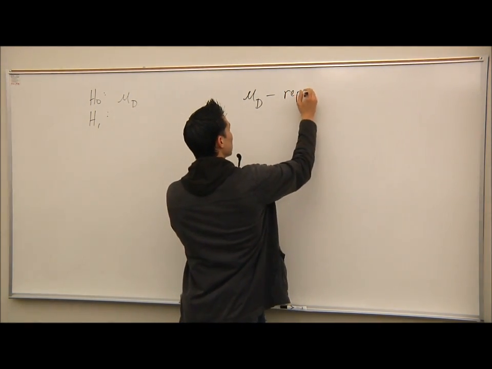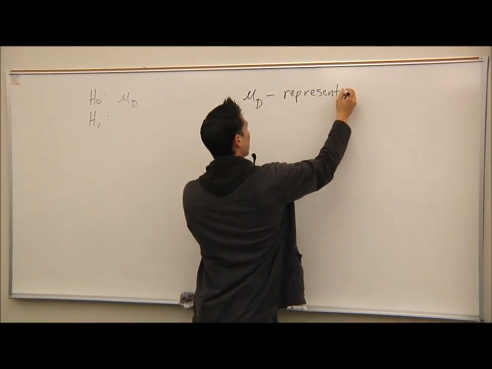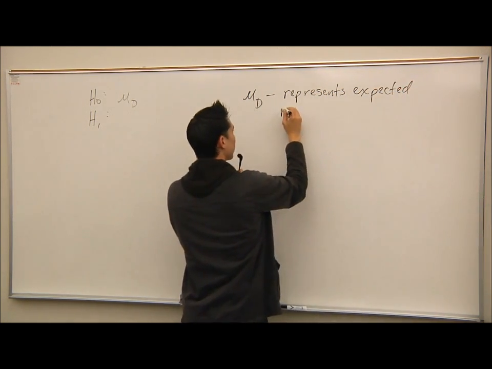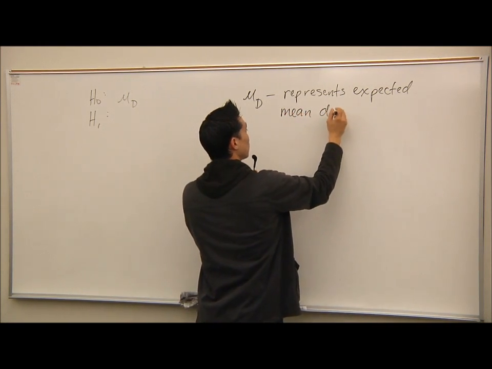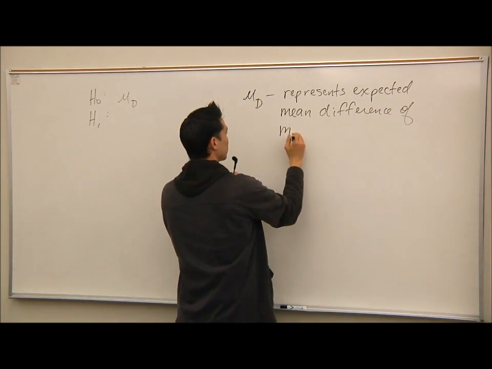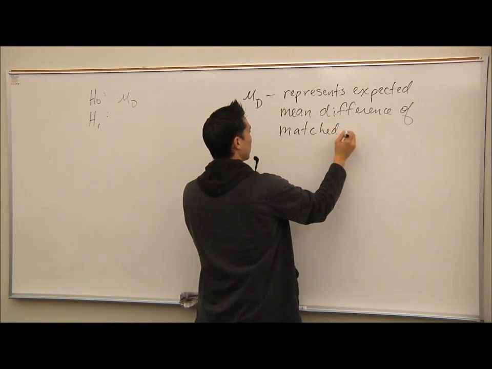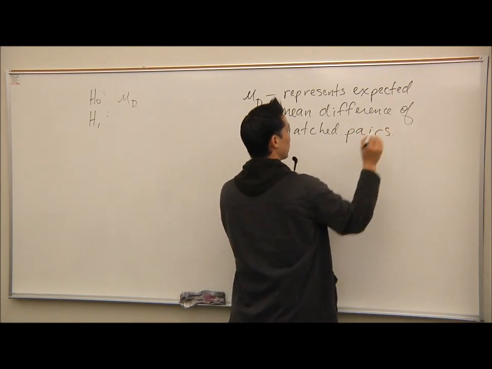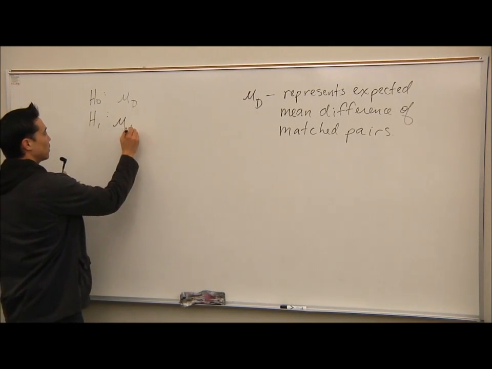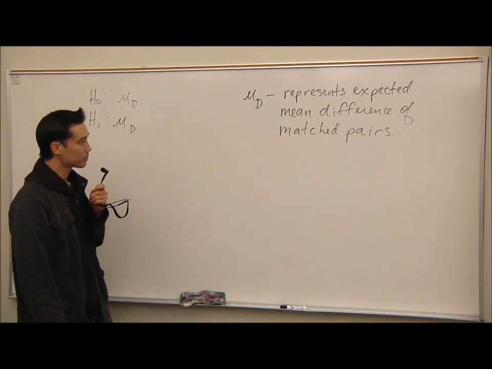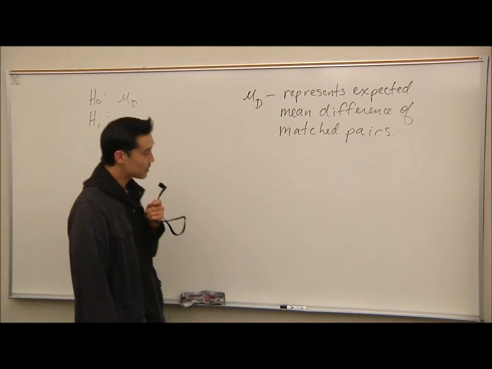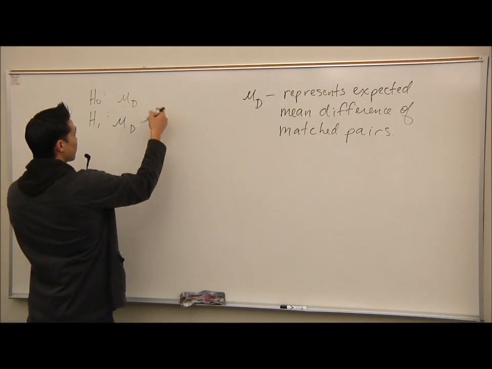So this represents the expected mean difference of the matched pairs. Okay? The way that these are going to be set up, we only have three situations.